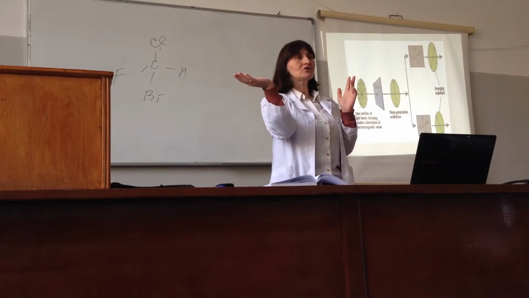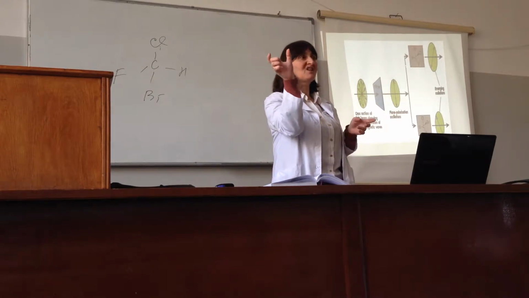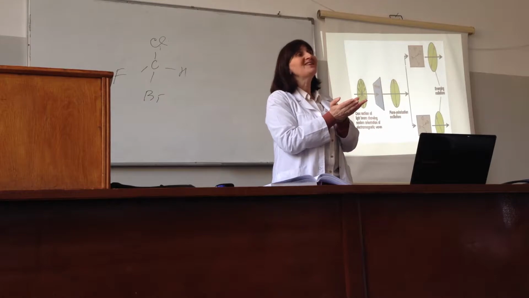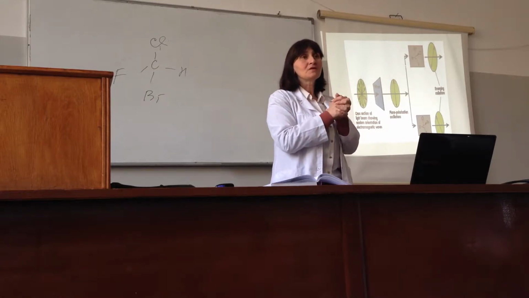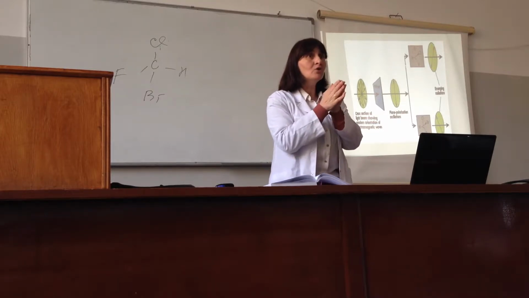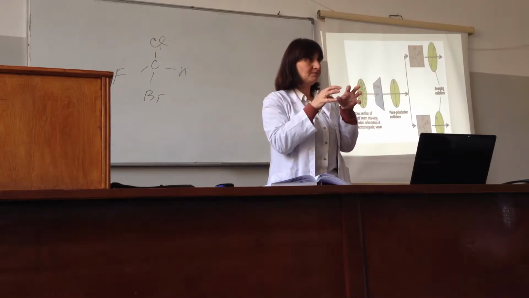If one rotates to the left side, the second one rotates to the right side. And because the absolute value of this angle is the same, finally you get a mixture which is optically inactive. Now the name of this solution is a racemic mixture. Once again, a racemic mixture is a mixture which contains equimolar or equal amounts of 2 enantiomers.